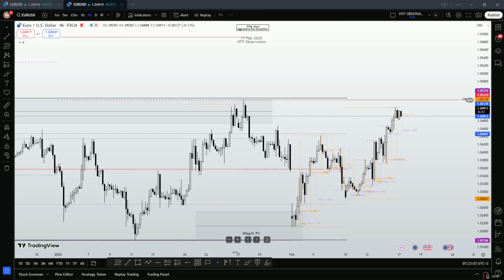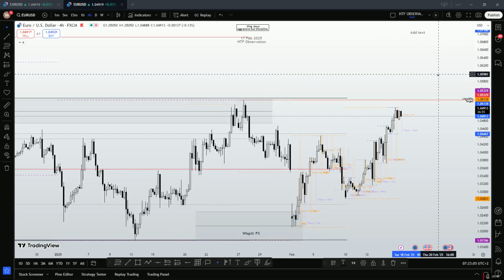Let's just mark that off on the high time frame: bullish trend structure.